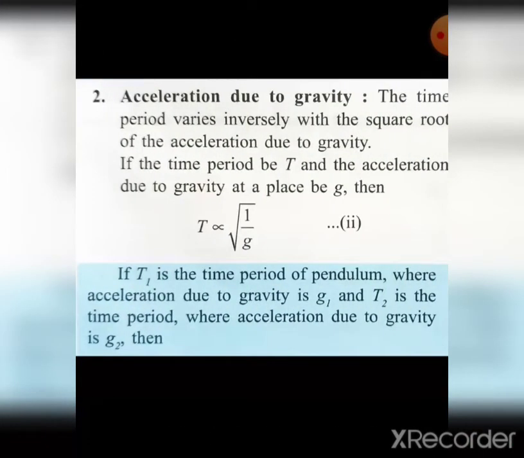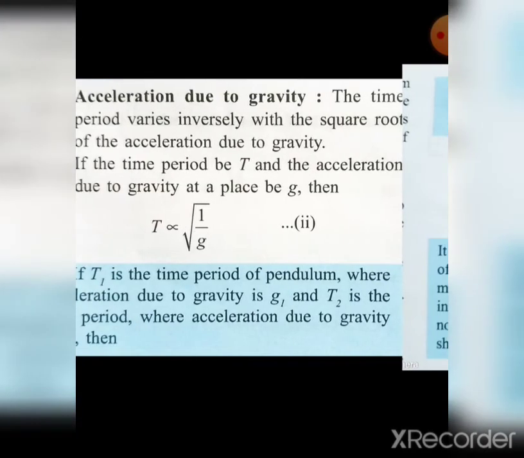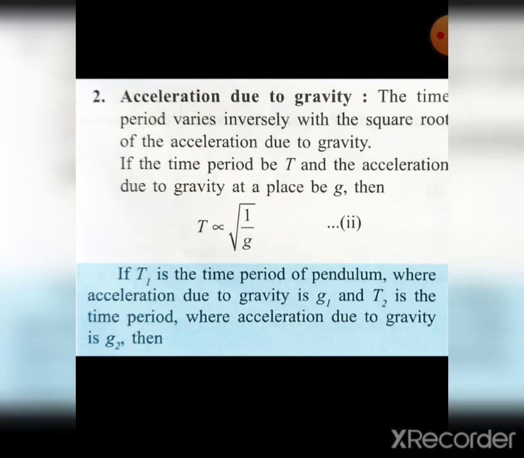Second factor, acceleration due to gravity. The time period varies inversely with the square root of the acceleration due to gravity. If the time period is T and the acceleration due to gravity at a place is g, then T is proportional to root of L by g.